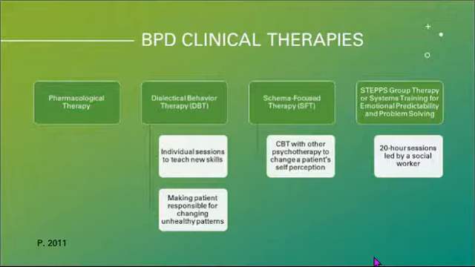If you remember schema, hopefully from your developmental psych and from peds, it has to do with Piaget. I couldn't remember which theorist, it was Piaget. Group therapy and STEPPS therapy, Systems Training for Emotional Predictability and Problem Solving. So for borderline personality: dialectical behavior, schema-focused, and STEPPS group therapy.